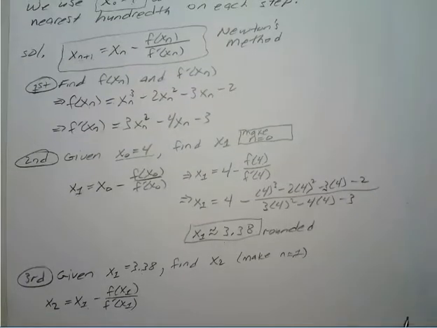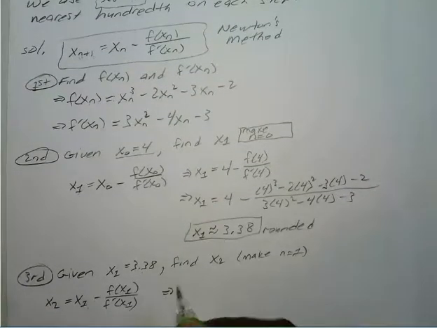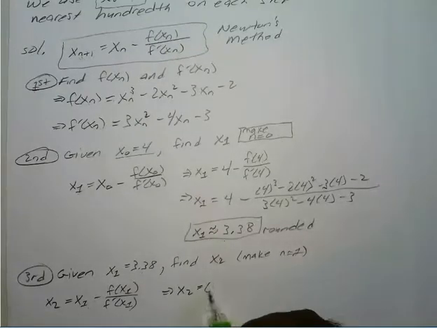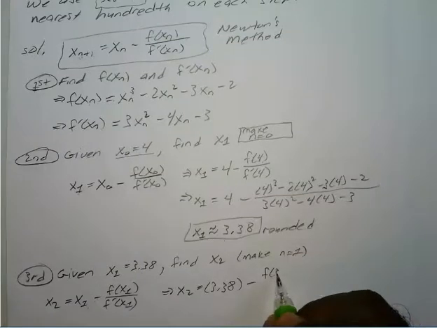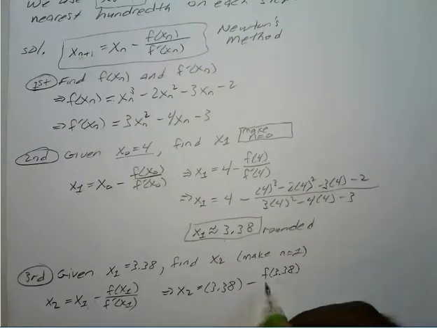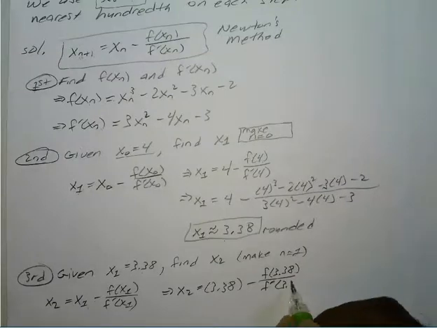So if we keep on going, our x sub 2 is equal to our x sub 1, 3.38, minus f of x sub 1, so that's f of 3.38 over f prime of 3.38.